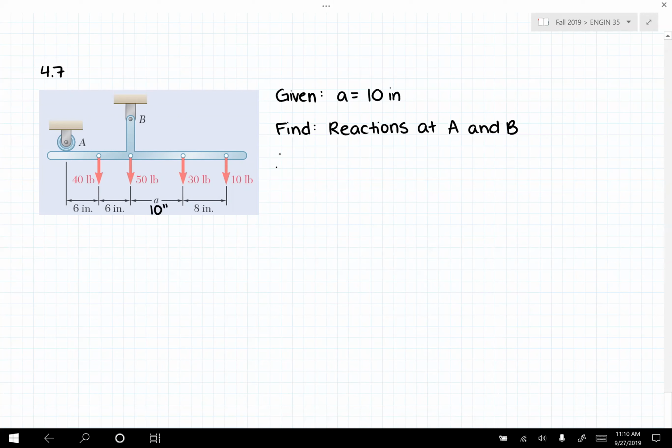and we need to make assumptions. So we're going to assume that we are in equilibrium. We are going to assume that the object or body is weightless.